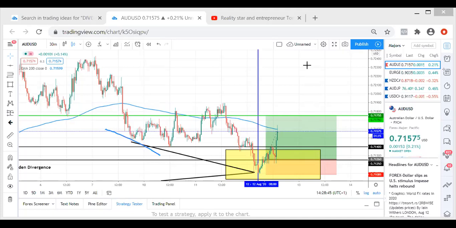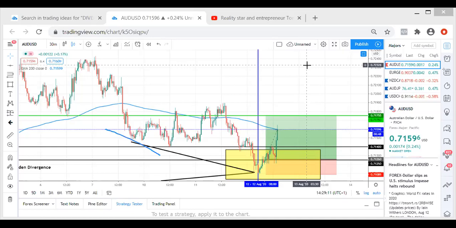First, is it above or below the 200? Then you're looking for hidden divergence. Then you go down two time frames. As an example, if you spot hidden divergence on the 4-hour, you're looking for regular divergence on the 30-minute. If you spot hidden divergence on the 1-hour chart, you are looking for regular divergence on the 15-minute chart.